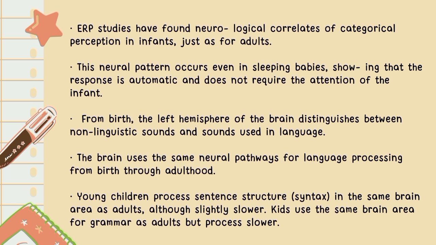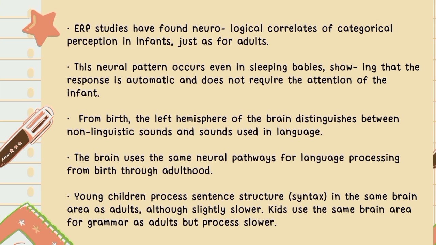Young children process sentence structure, or syntax, in the same brain area as adults, although slightly slower. Kids use the same brain area for grammar as adults but process it slower.